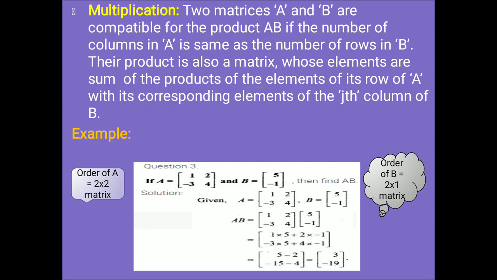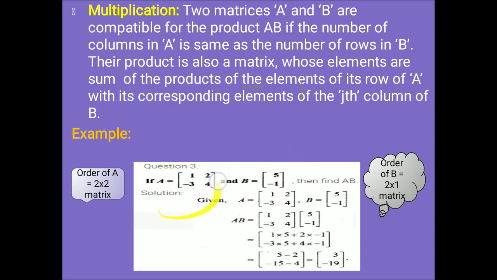multiplication. Two matrices A and B are compatible for the product AB, that is A into B, if the number of columns in A is the same as the number of rows in B. If the number of columns in matrix A is the same as the number of rows in B matrix, then we can say it is ready for multiplication.